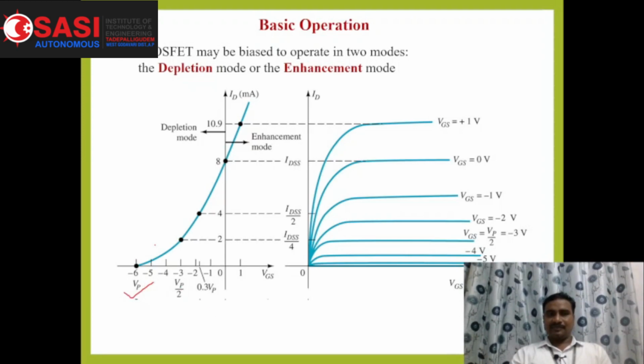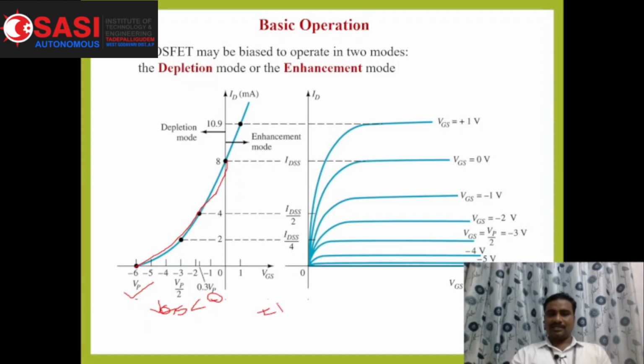So this is nothing but depletion mode of operation, that means our VGS, the gate to source voltage, is less than 0. Therefore it is operated in depletion mode. The condition is whenever VGS is less than 0, it will be in the depletion mode of operation. So up to IDSS at 0, it will be in the depletion region.